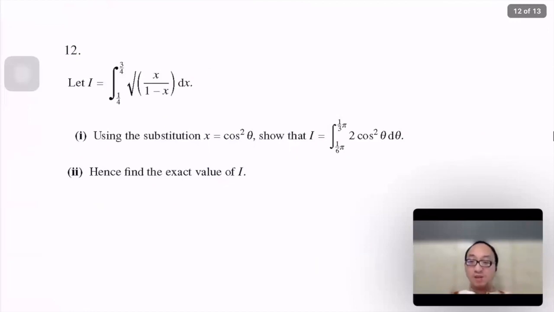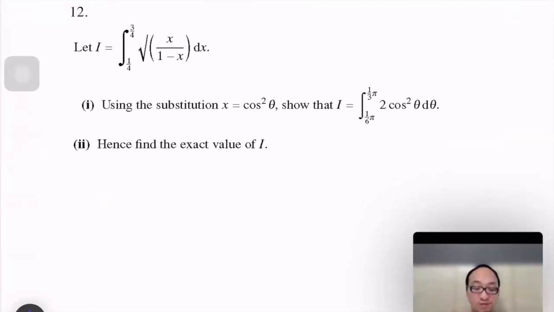Number 12. Let I, using the substitution, okay, we replace the x. So integral square root of cos square theta over 1 minus cos square theta dx. Now, dx should be changed into d theta.